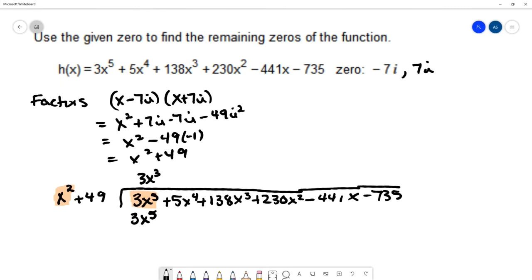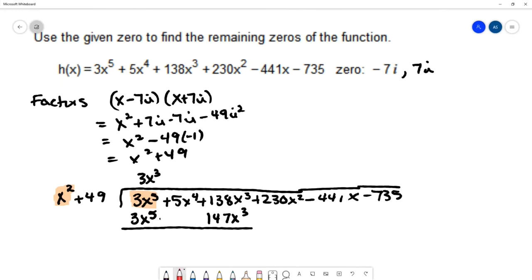Let me check. 49 times 3 is 147. And let me write that 147 underneath the cube, 147x cubed. I'm doing that so I line up my like terms.